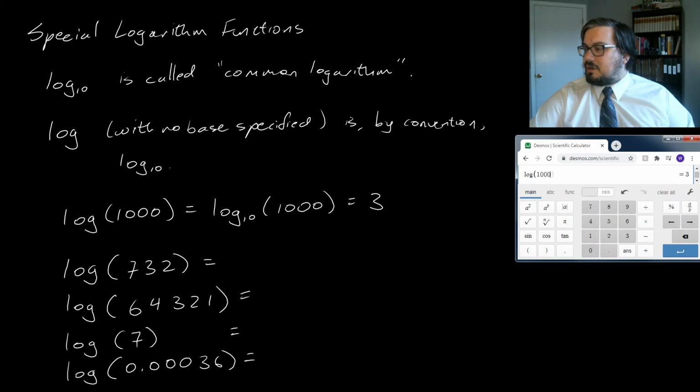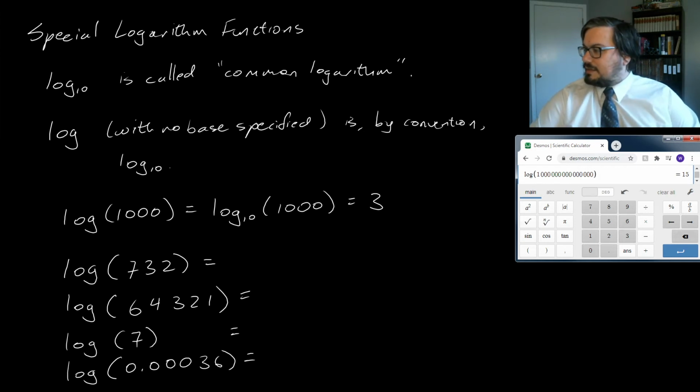And we can start off, let's just plug in logarithm of 1,000, and we can see that, in fact, we do have 3 out of that, as we established before. And as I keep adding zeros, the value of the logarithm keeps going up by 1. So every time you multiply the input to the logarithm base 10 function by 10, the output goes up by 1, which is a pattern that also applies to all the other logarithms.